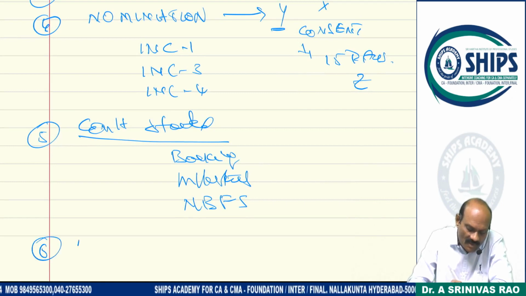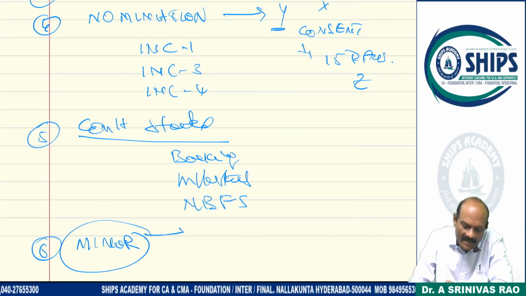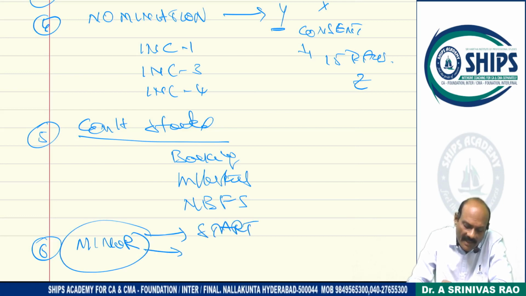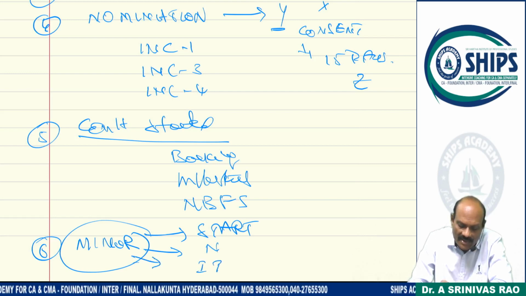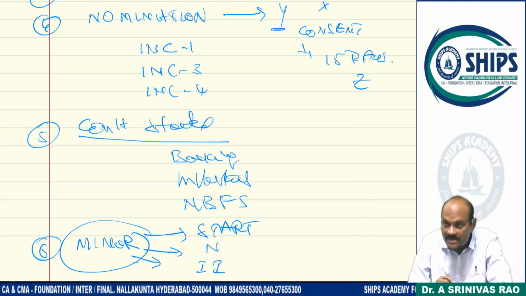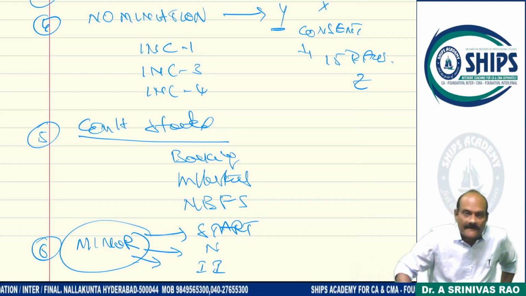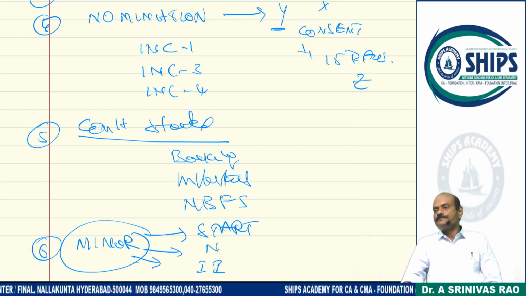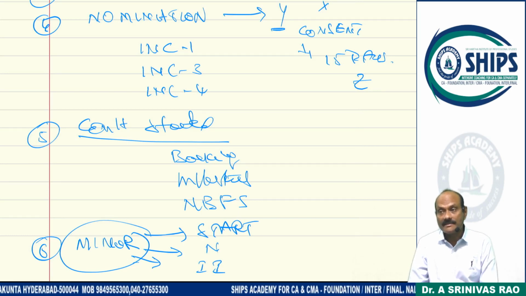And the sixth one, what about a minor? Remember, can a minor start an OPC? Can a minor be a nominee? Can a minor have any insurable interest over the OPC? Can a minor start OPC? Answer is no. Second, can a minor become the nominee?